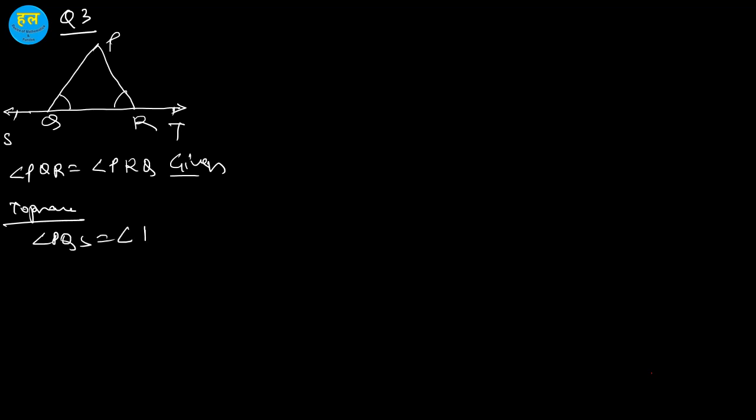From the figure, angle PQR is equal to angle PRQ. Then this is given. What we have to prove is that angle PQS is equal to angle PRT. That means we have to prove this angle is equal to this angle.